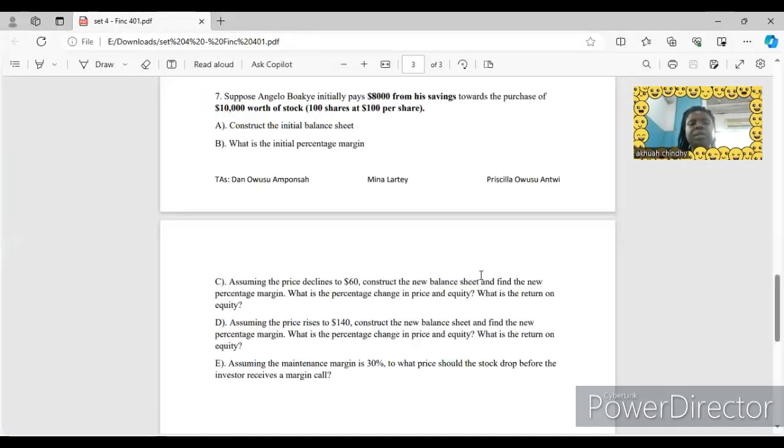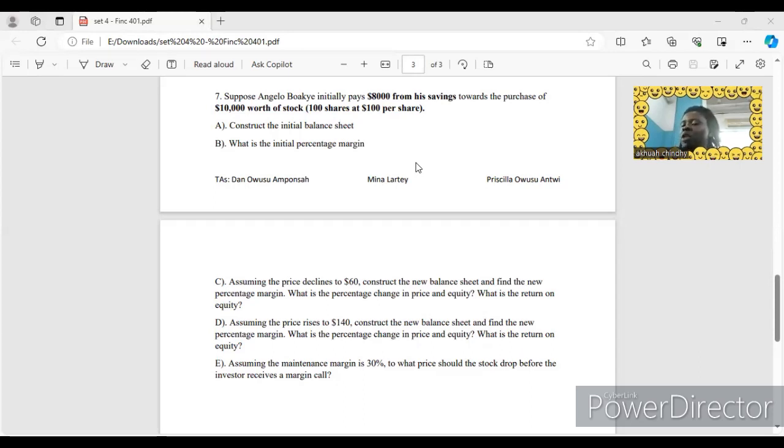So this is the question. All right. Suppose Angelo initially pays 8,000 from his savings towards the purchase of 10,000 worth of stocks. So Angelo wanted to buy stocks worth 10,000.